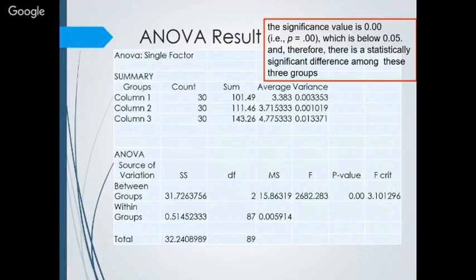Degrees of freedom is also calculated. Between groups, there are 3 groups, so 3 minus 1, 2 is the degrees of freedom. Within groups, there is 30 minus 1, and again 30 minus 1, and again 30 minus 1, totally 87. Then the mean sum of squares and the F value.